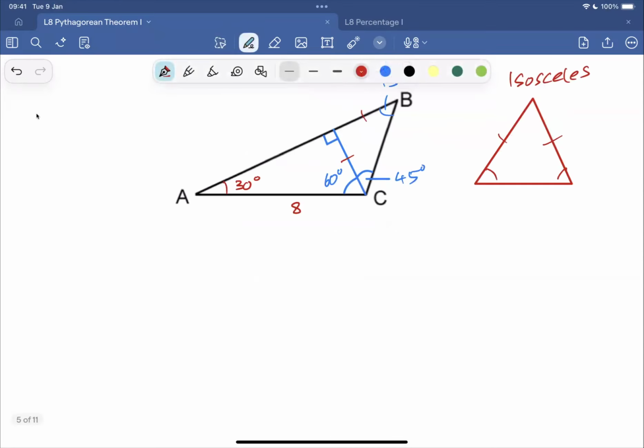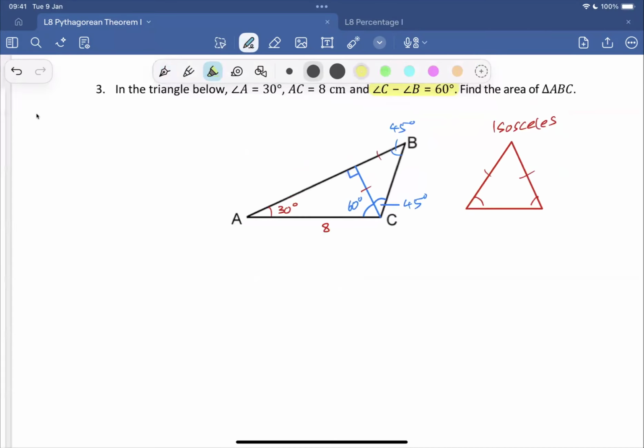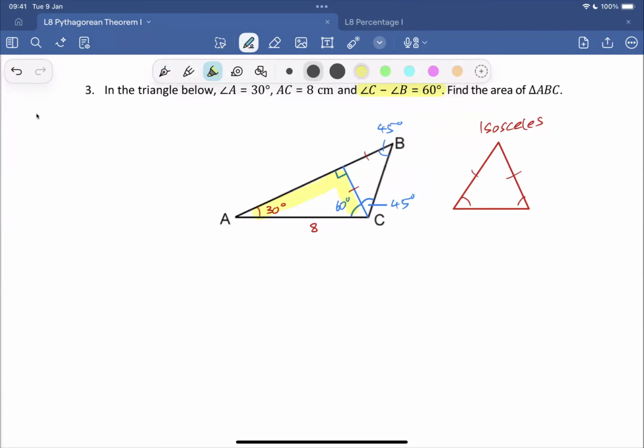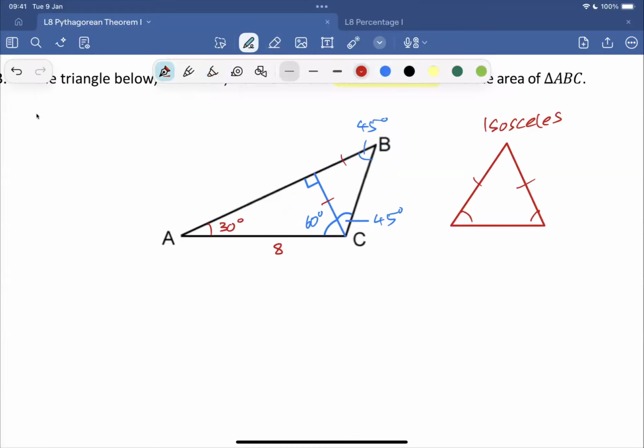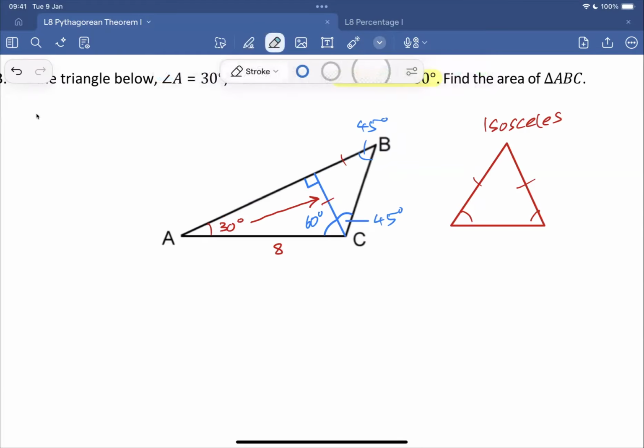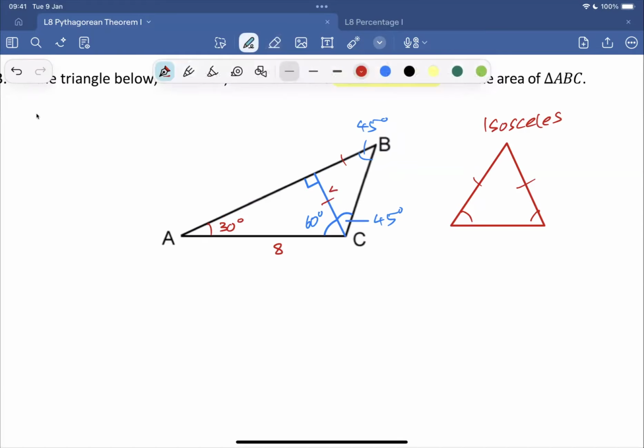So, can you look at your right-angled triangle, the one that you created, and tell me what is the hypotenuse? How many centimeters? 8 centimeters. That's the longest side. So, if you look at the side which is opposite 30 degrees, how long is that side? 4.